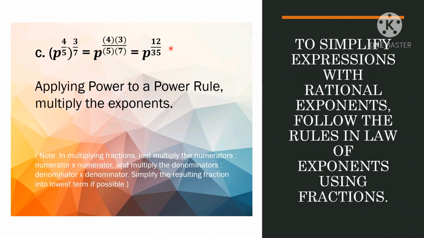Kung pwede pa nating i-reduce. Since 12/35 ay nasa lowest term na, ayan na po yung ating final fractional exponent. So, ang ating answer ay P, or ang ating simplified expression ay P raised to 12/35.